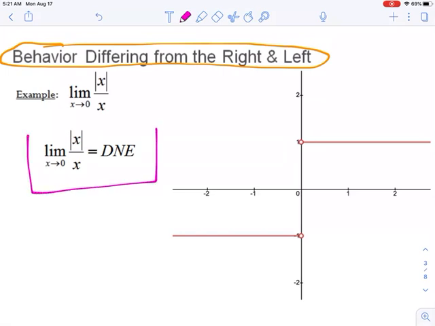The way that we write that is right here: DNE, does not exist. That's our shorthand. The limit does not exist. And if I asked you why the limit does not exist, you can tell me that the function is approaching a different value from the right than from the left. Now, I also want you to go ahead and draw this graph.